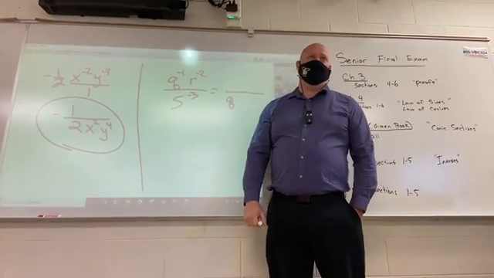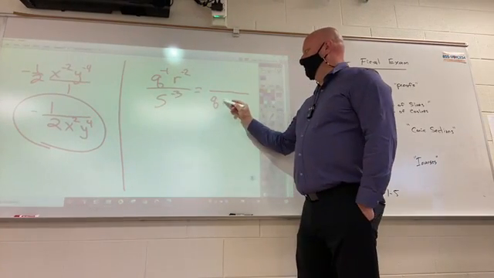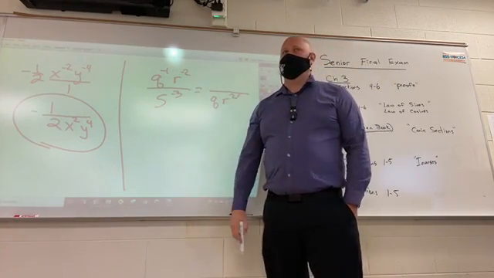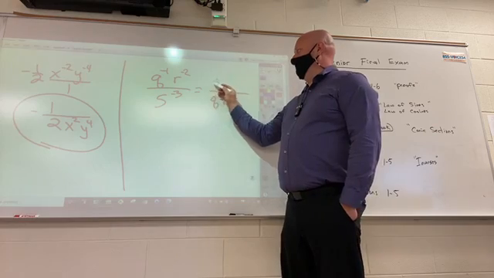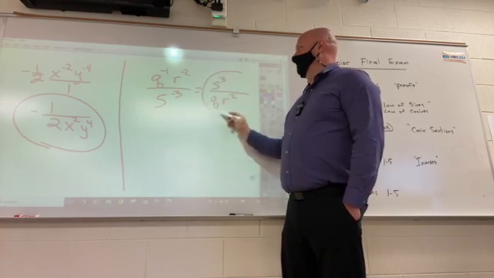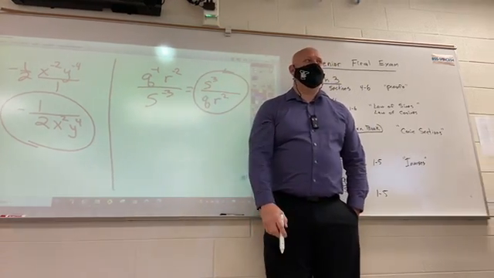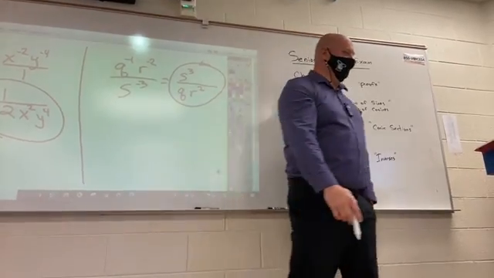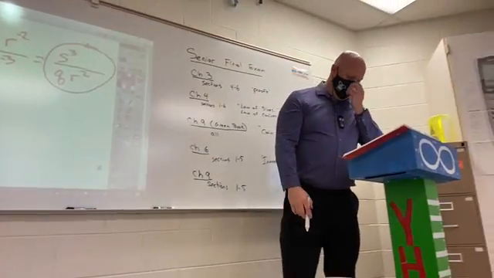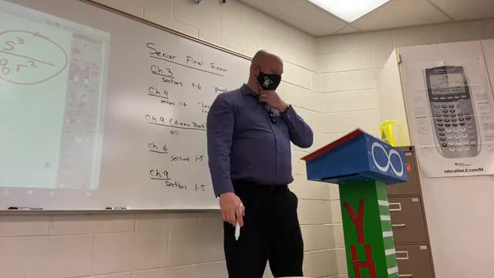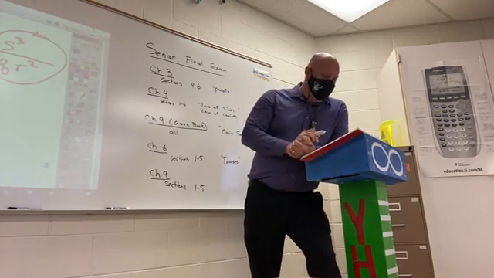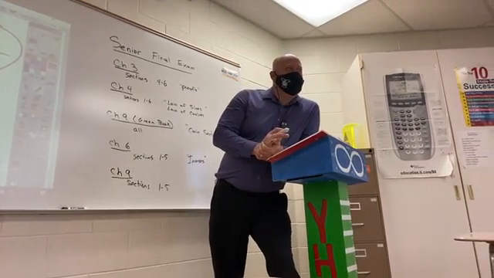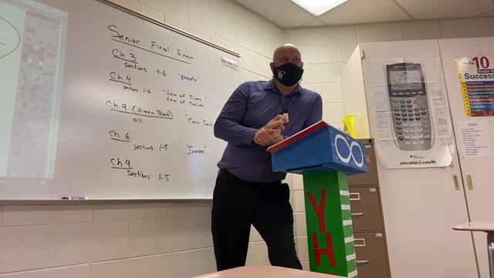How about the r's? Bottom, and they become positive 2. And the s's? To the top, and they become positive 3. So there's your answer. If you see negative exponents, you move them. Easy stuff? So there will be some of those.